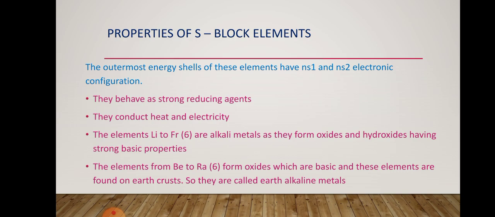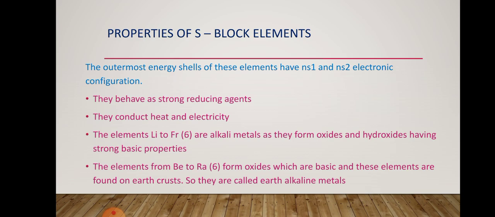The elements from lithium to francium are alkali metals as they form oxides and hydroxides having strong basic properties. The elements from beryllium to radium form oxides which are basic, and these elements are found in the earth's crust, so they are called alkaline earth metals. The sources of alkali and alkaline earth metals are ores.